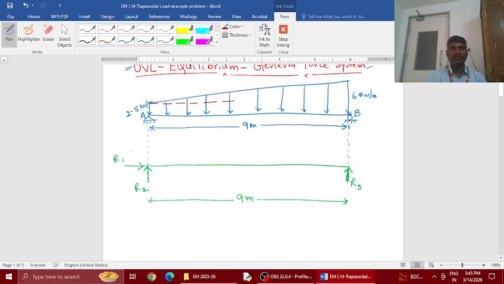It's like dividing the trapezoid into a rectangle, what you see here, and a triangle.